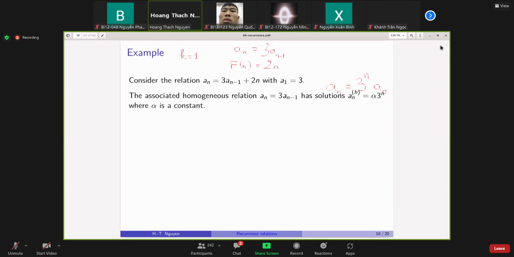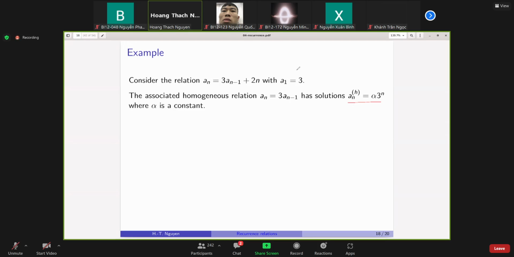So as written here, you have this homogeneous solution. Here alpha is a constant, which is in fact equal to a0 over 3 or a1 over 3.